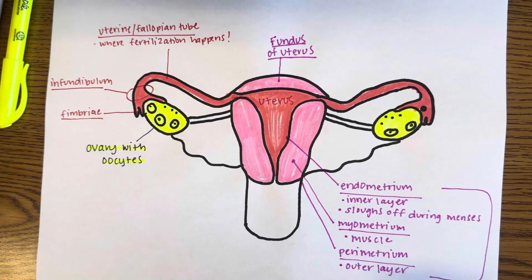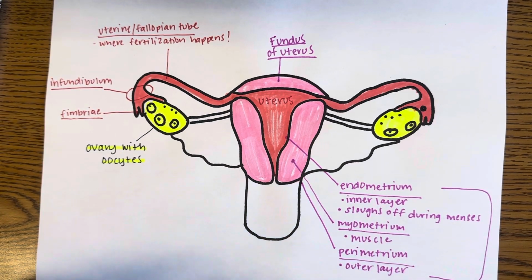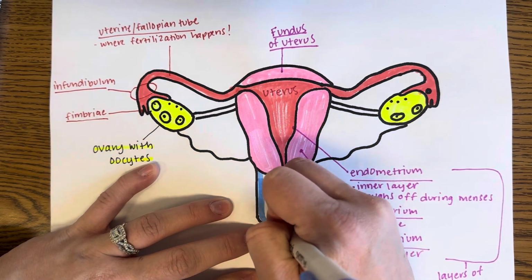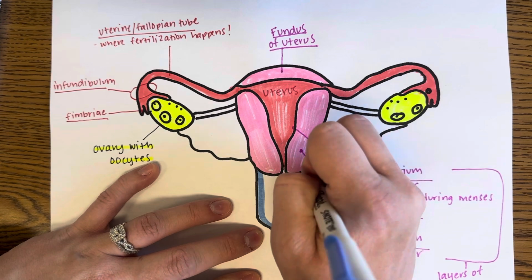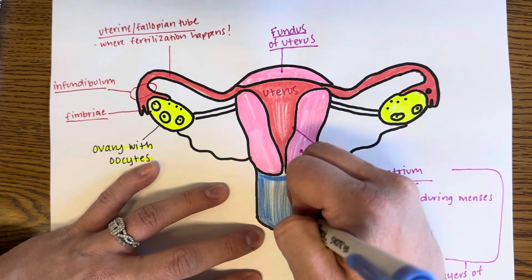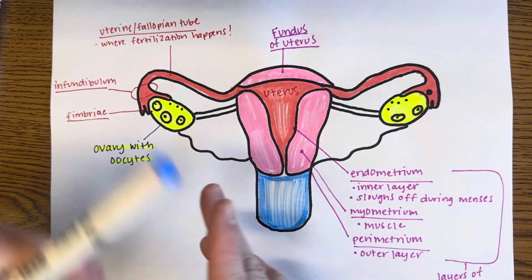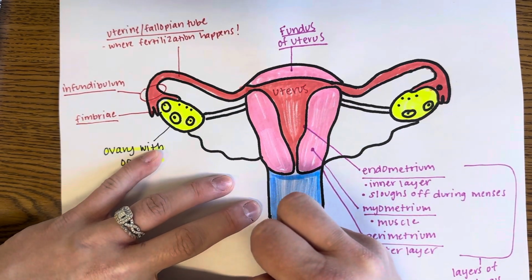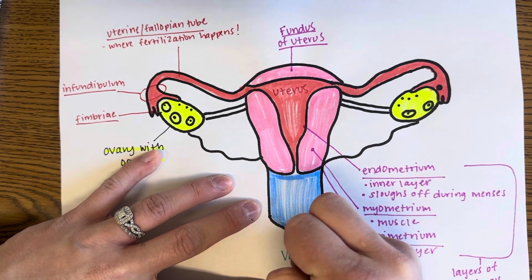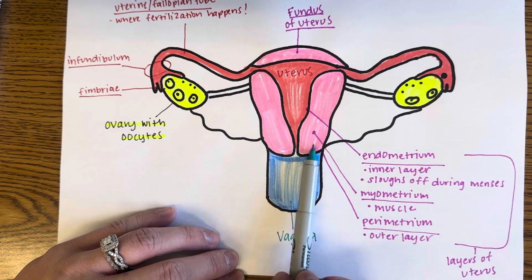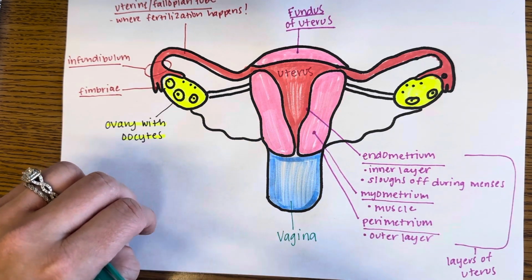So the next thing we are going to highlight is this right here. This area represents the vagina, so the vaginal canal comes up here and then becomes the uterus up here.